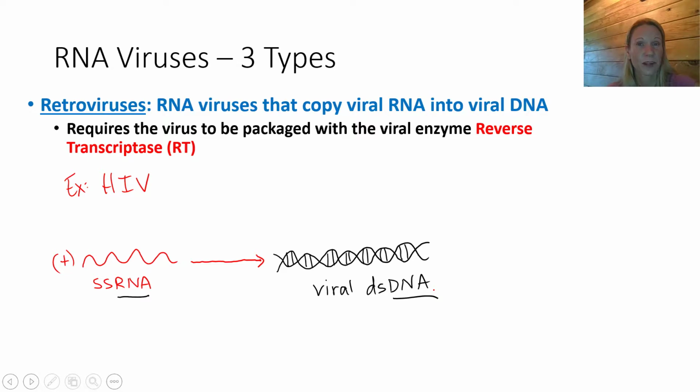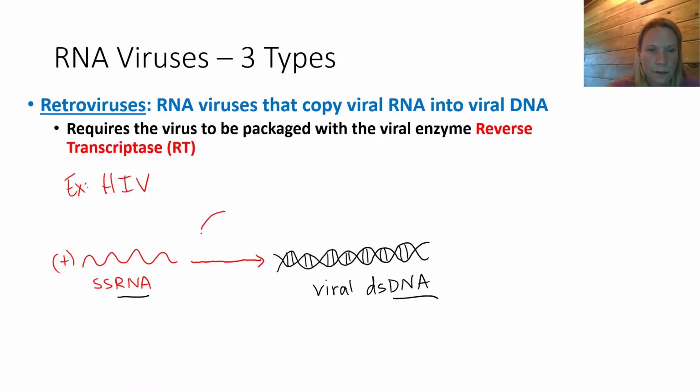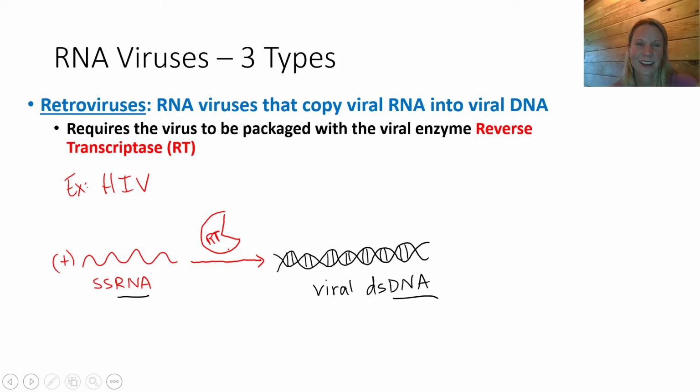And that's the reverse of transcription, which is why the enzyme that facilitates this process is called reverse transcriptase. So it also has to be prepackaged with the HIV virion. We'll call this enzyme RT for reverse transcriptase. So the reverse transcriptase enzyme is utilized by the virus to copy its genome from RNA into double-stranded DNA.